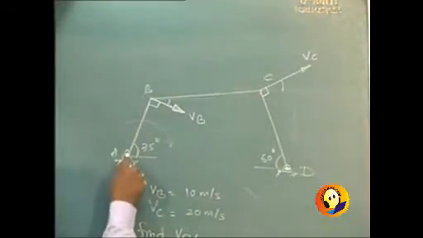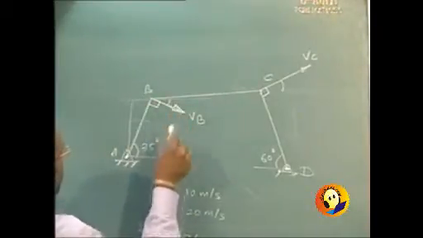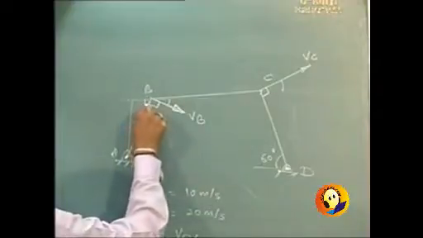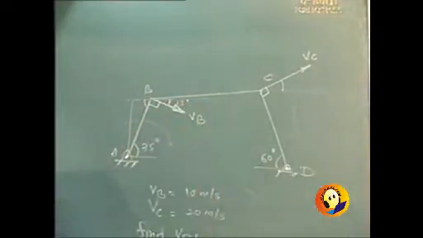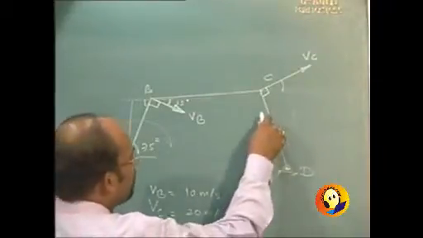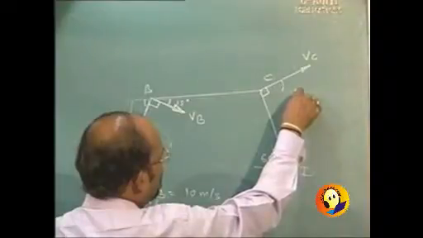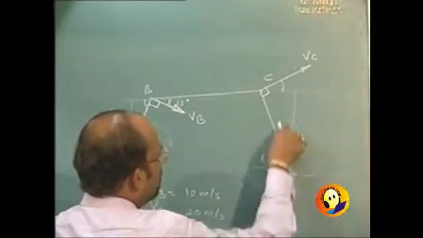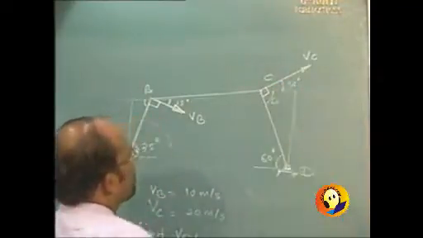Now of course we can complete the triangle over here, and this is 75, so this is also 75, so this angle will come out to be 15 degrees. Similarly, we can complete the triangle over here. This becomes 60 and this is perpendicular to it, 30 degrees.